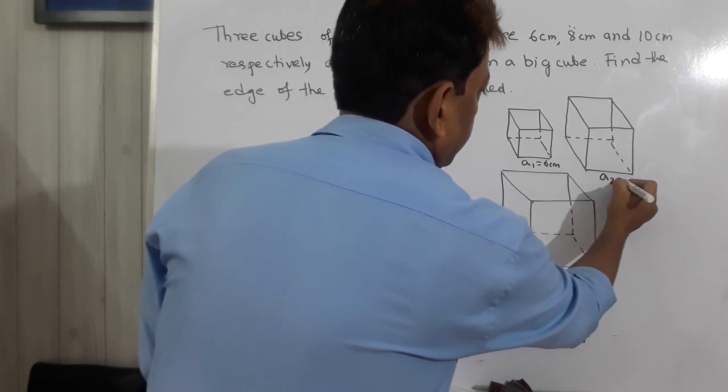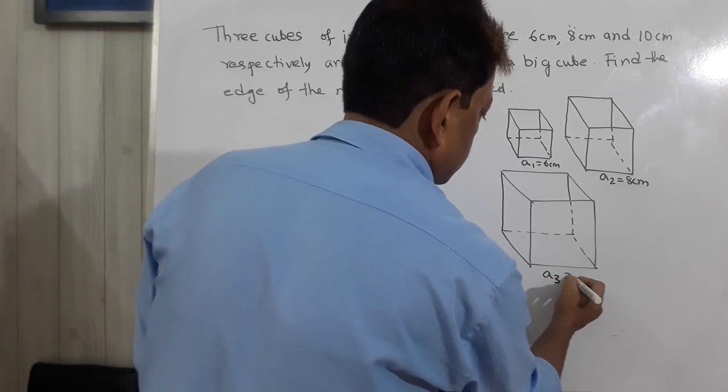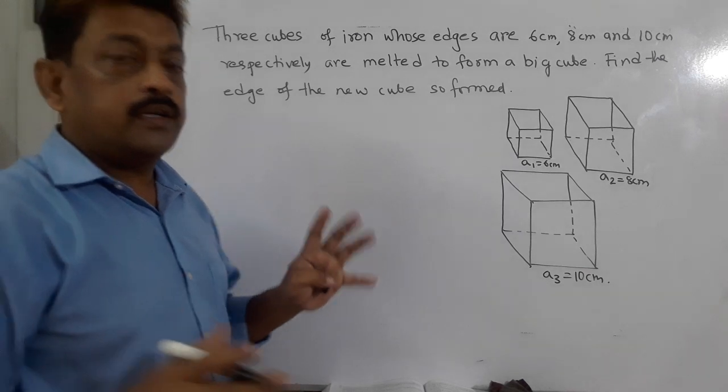The edge of the second cube A2 is 8 centimeter. The edge of the third cube A3 is 10 centimeter. And all these three cubes are melted to form a big cube.